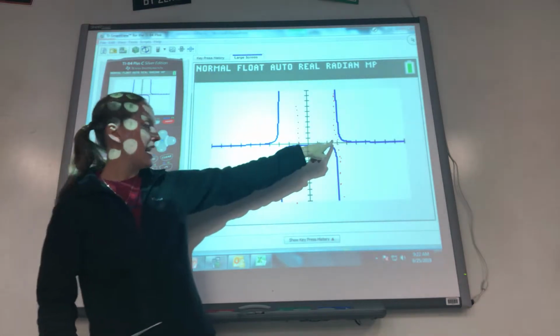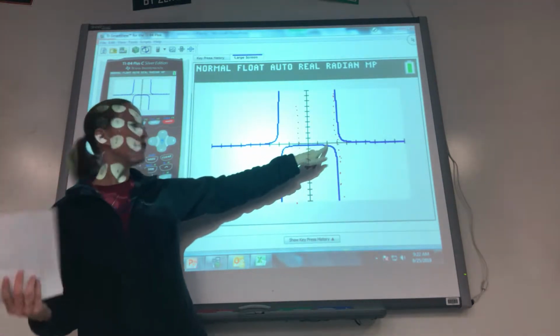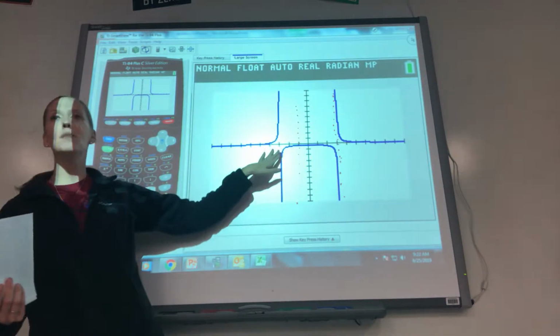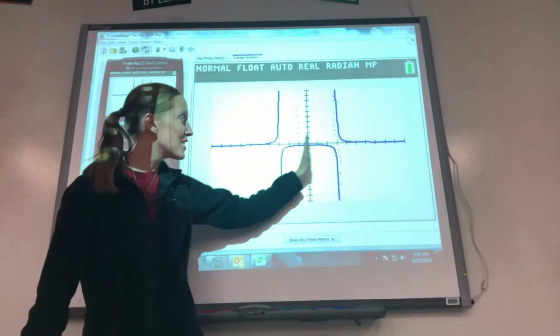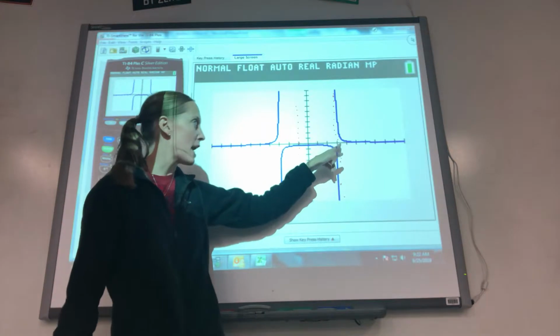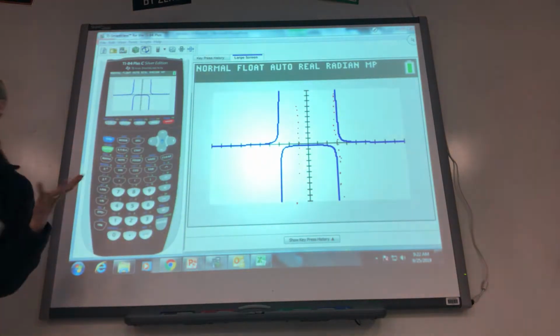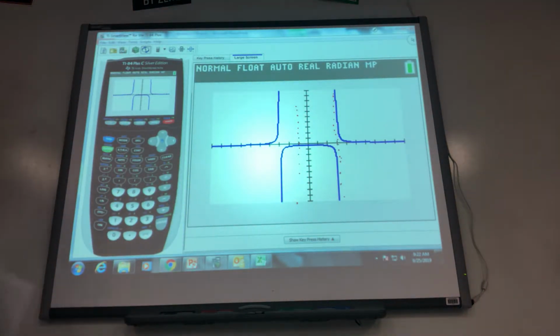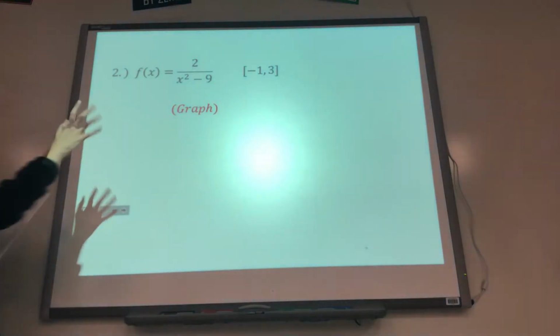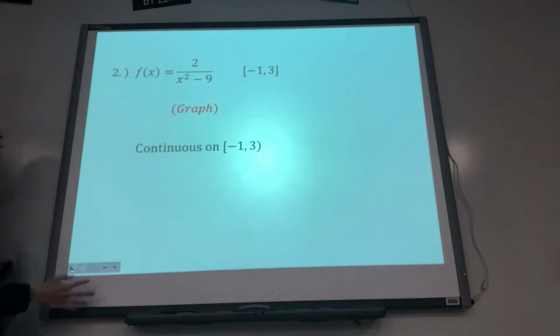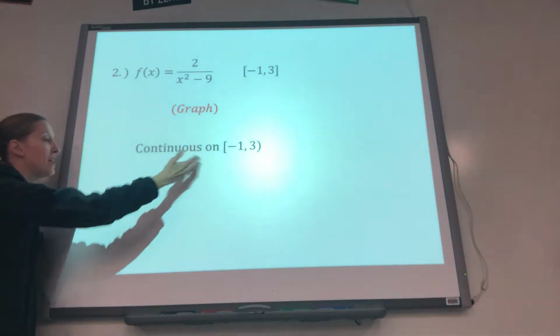Everything else in this interval is fine. Remember, I'm not concerned about -3 because it wasn't even in the interval. Everything else over here is fine except for where x is 3. Now, to discuss that or to describe that back on the problem, I'm going to put a couple different things that you could say.